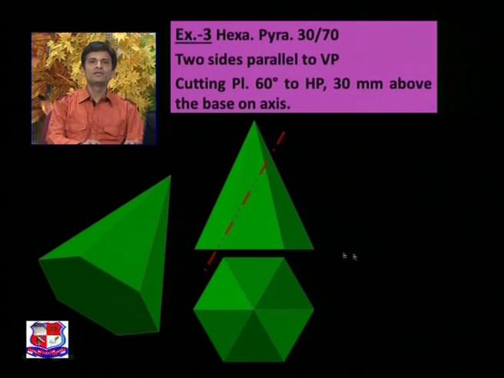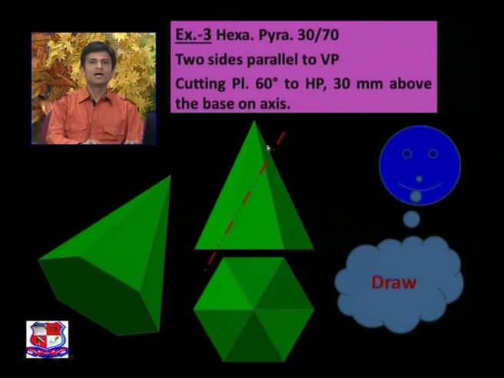So with this XY line draw a cutting plane which makes an angle of 60 degree from HP with XY line and 30 mm above the base. So from this base at a distance of 30 mm mark a point over here, and from that point draw a line at an angle of 60 degree, and we have to draw its sectional top view as well as the true shape.